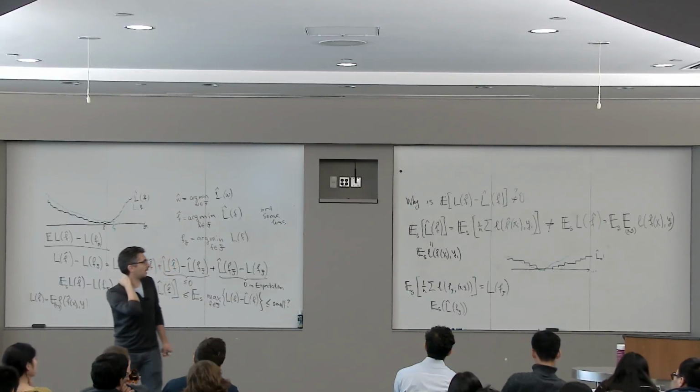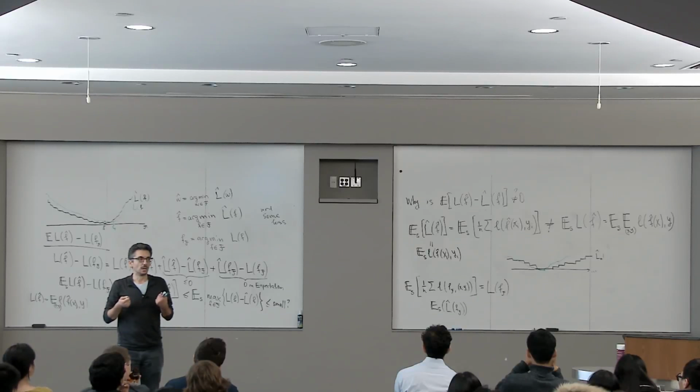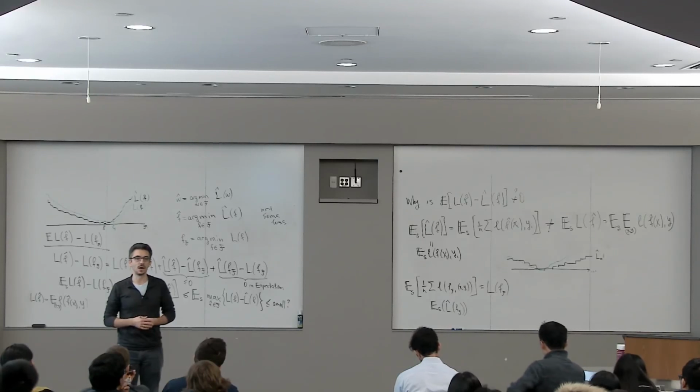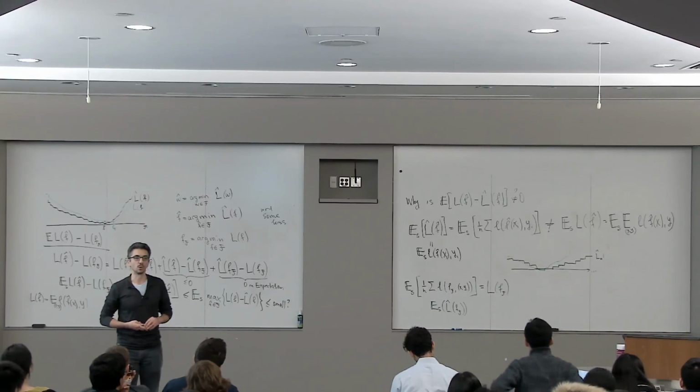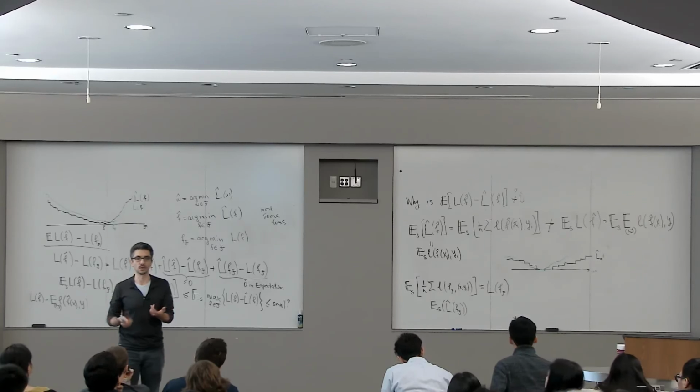Imagine an f hat which does the following. It will look at the data set, and data will always come as x and 1. So I will never see a minus 1. I will always see a 1.